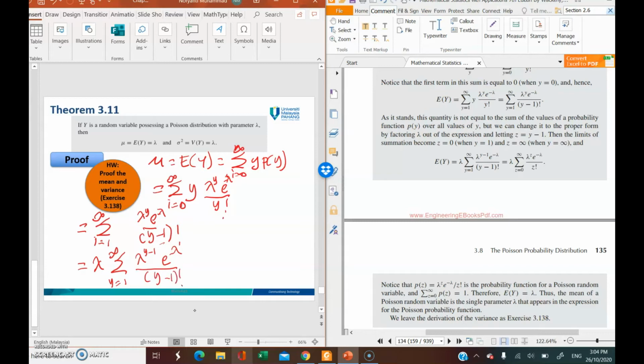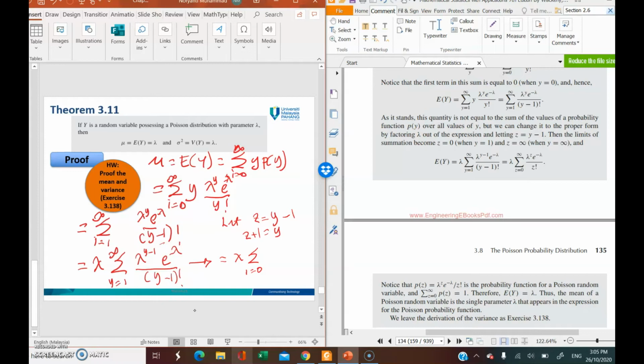And then we let z equal to y minus 1, and then you can have y equal to z plus 1. We want to make the summation start from 0, because previously for Poisson, y starts from 0, 1, 2 until infinity, isn't it?